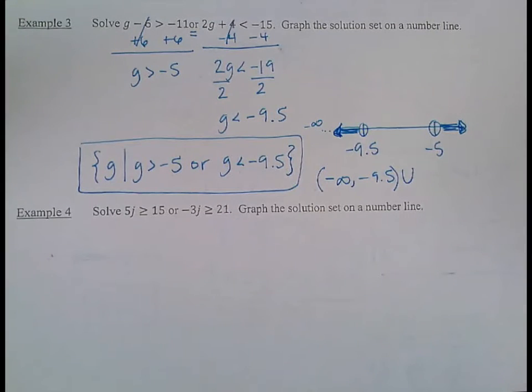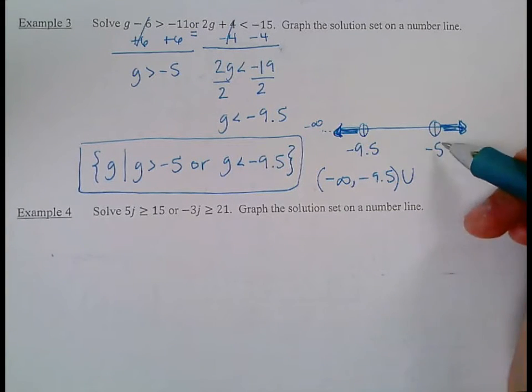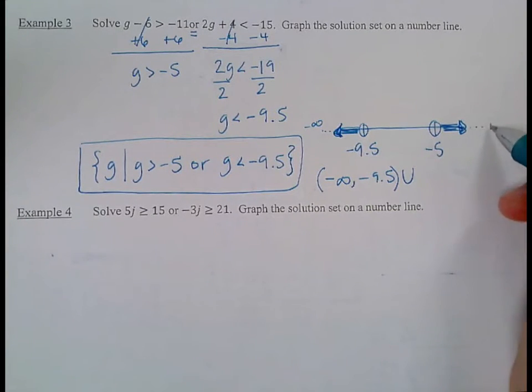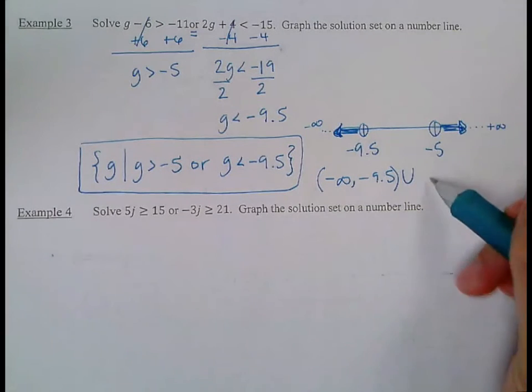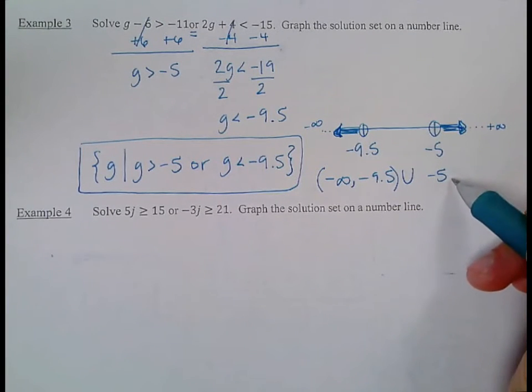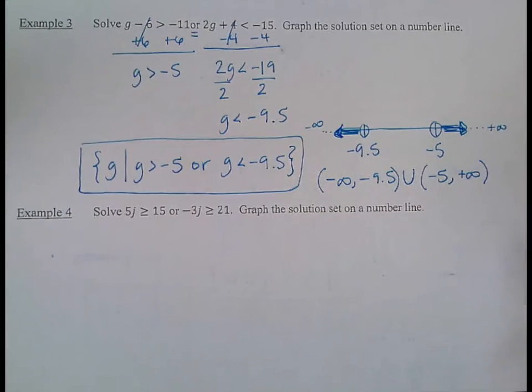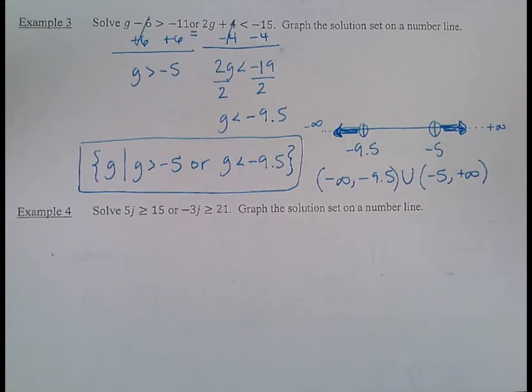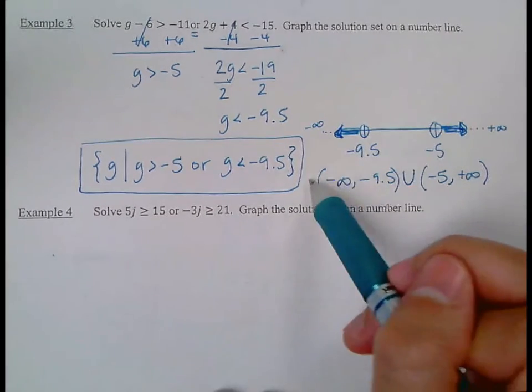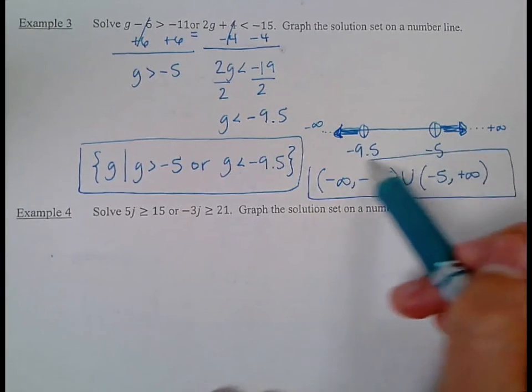Make the union symbol. And then the uppermost interval starts at negative 5, shaded all the way up towards positive infinity. So negative 5, comma, positive infinity, both sides for this one also get parentheses. Negative 5 is not included, and infinity always gets a parenthesis. So this is the interval notation for that solution set.